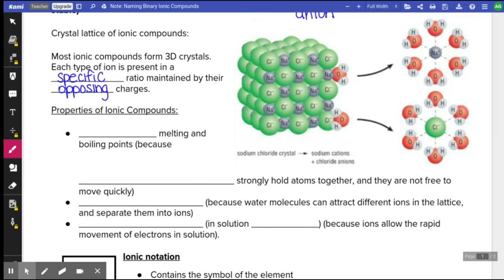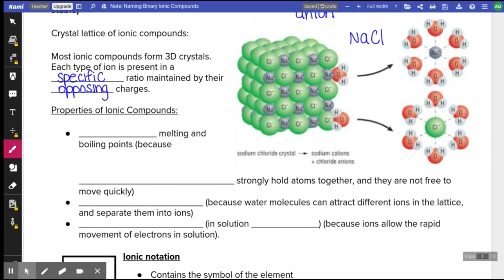In 3D space, these opposing charges are all attracted to each other. So it makes this chlorine, sodium, chlorine, sodium pattern, in the case of NaCl. NaCl is the chemical formula for this particular ionic compound.